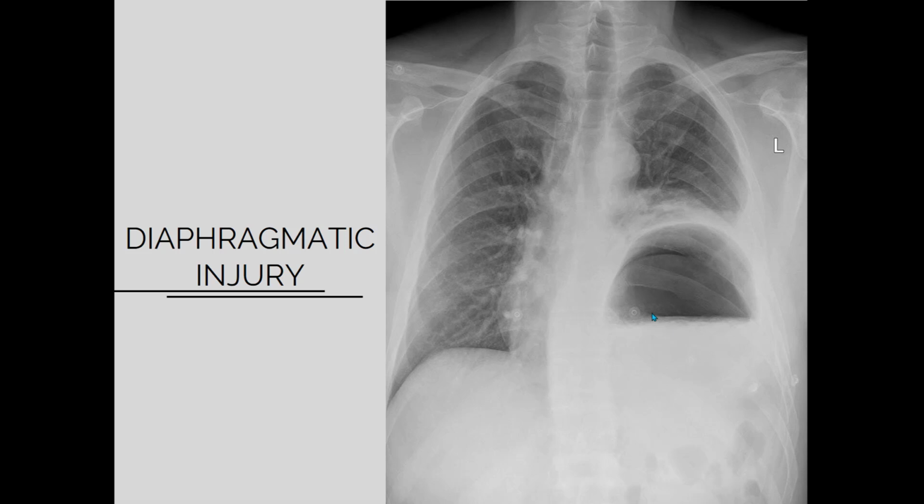It is present in the thorax. Why? Because when there is diaphragmatic injury, the abdominal viscera may herniate through that defect into the thorax. Along with that, you can also notice obliteration of the costophrenic angle. There may be some pleural effusion as well.